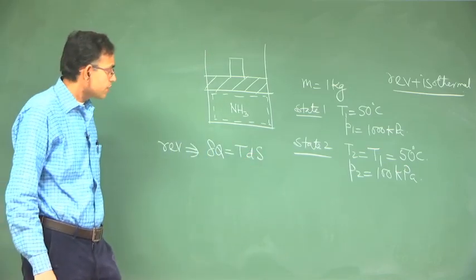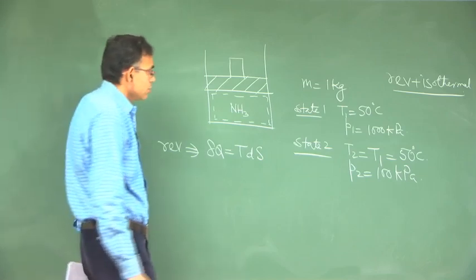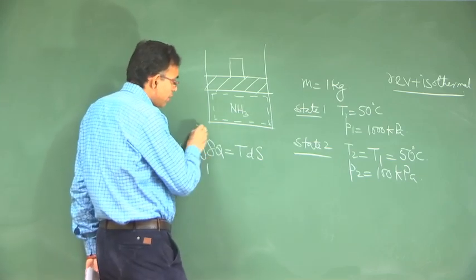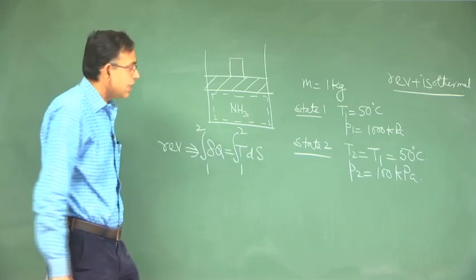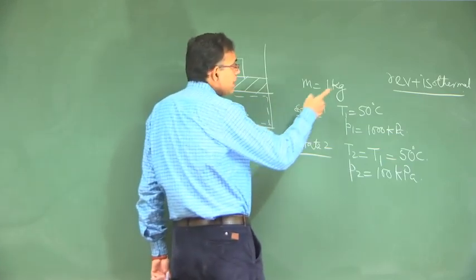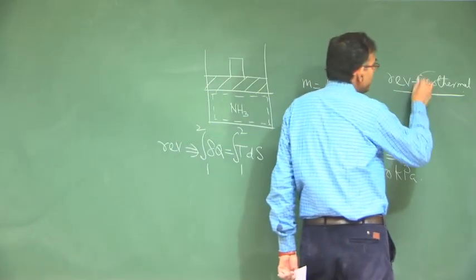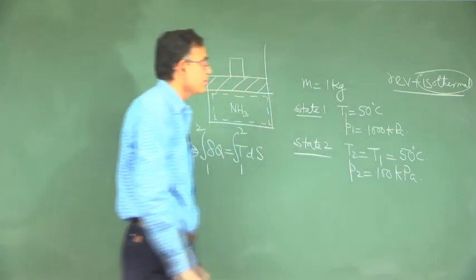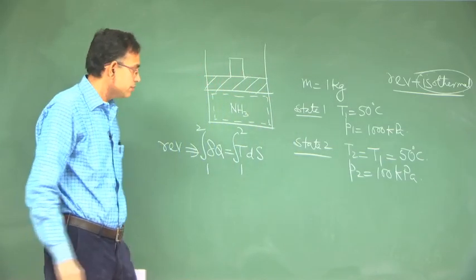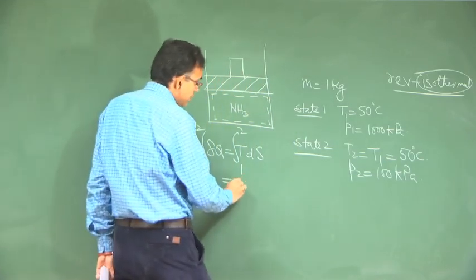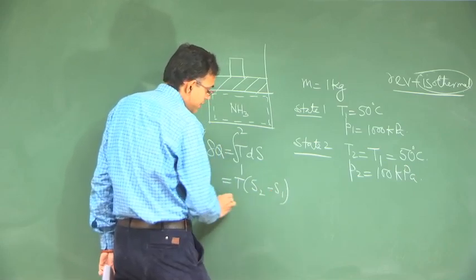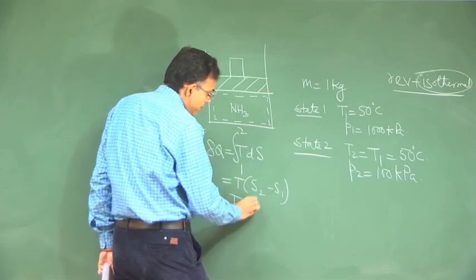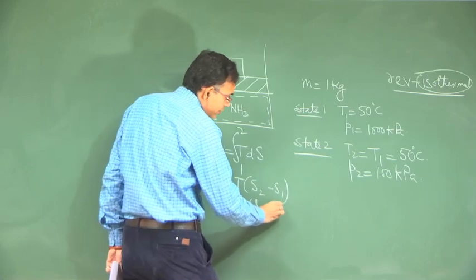So, the total heat transfer from 1 to 2 is integral of TdS, and here temperature remains constant. So, this is T into S2 minus S1, which is T into m into S2 minus S1.